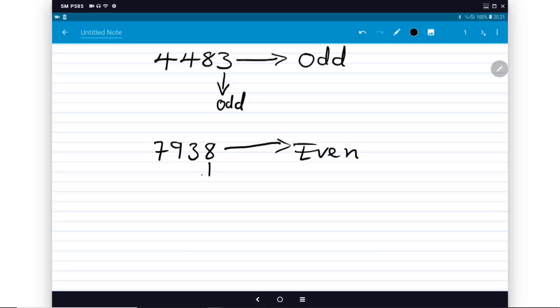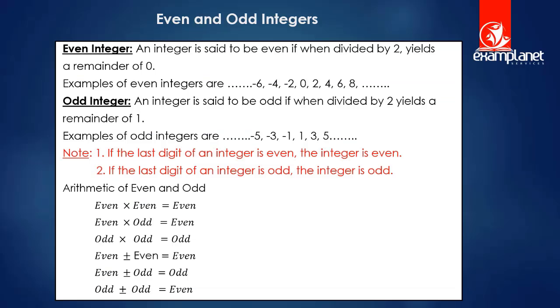Why? Because the last digit is even. So when the last digit of a number is odd, the number is odd, and when the last digit of a number is even, the number is even. When we just want to know if a number is even or odd, we can easily check the last digit.